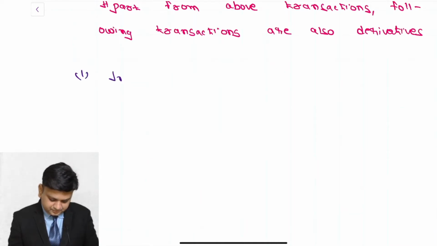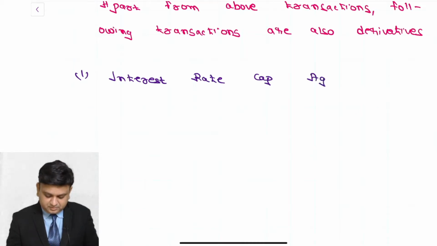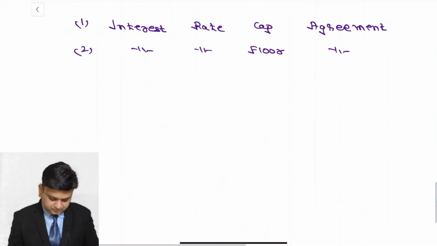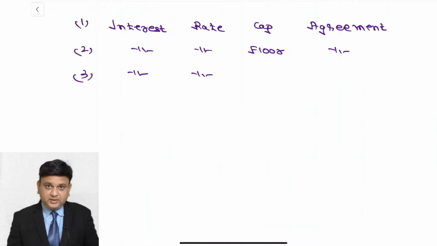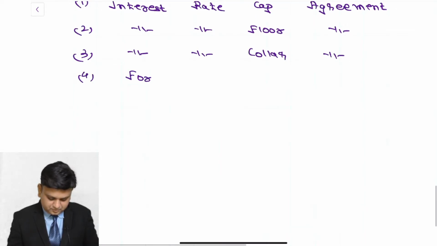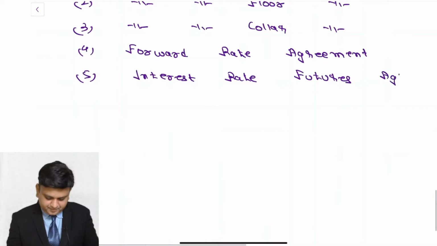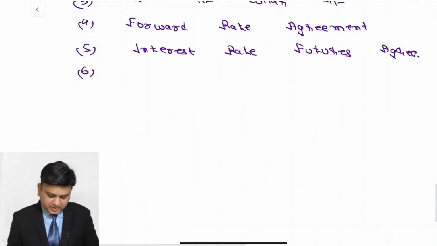In that, write down 1, interest rate cap agreement; second, interest rate floor agreement; interest rate collar agreement; forward rate agreement; interest rate futures agreement; swap transaction.